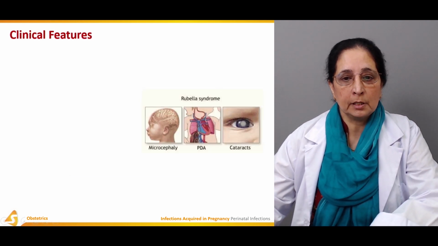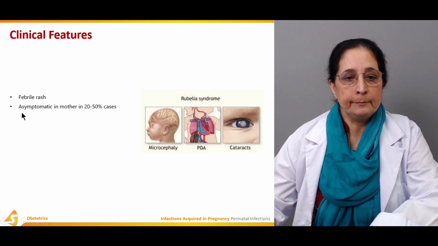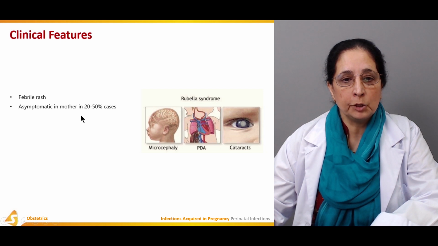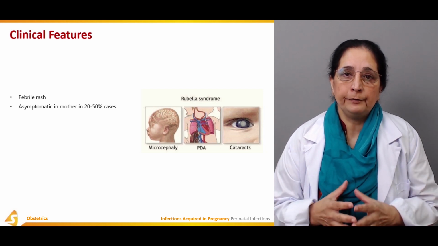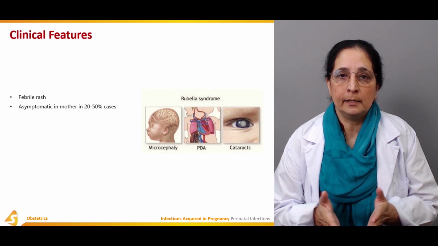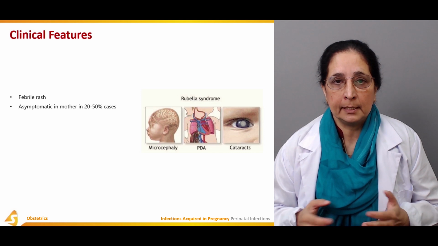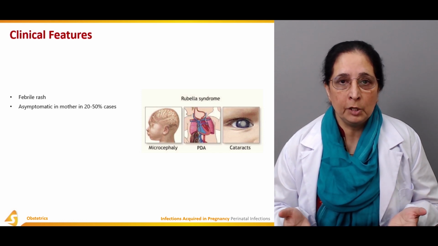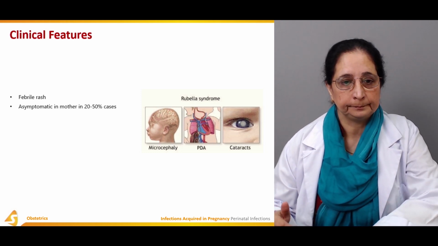Clinical features are febrile rash, and it is asymptomatic in the mother in 20 to 50% of cases. So in 20 to 50% of cases, mothers who have rubella infection are asymptomatic, so they may not even know that they have rubella infection.